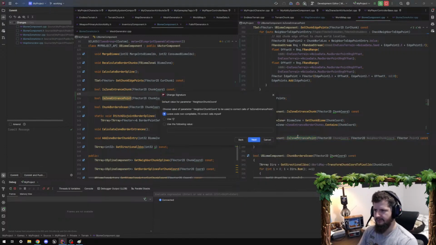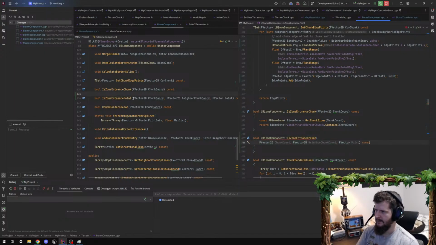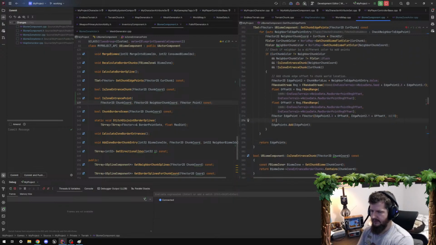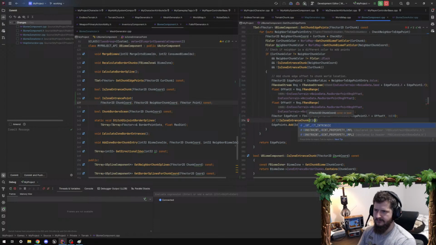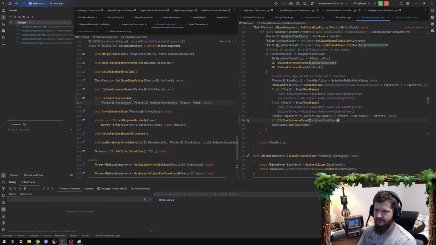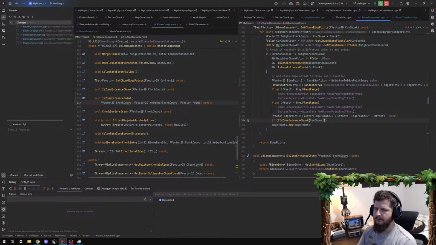I don't like this anymore. I want to inline it now, rather than it be a function. And I'll say if not is zone entrance chunk, pass in the chunk coordinate, cur chunk. Oh my god. Per chunk, and then we also add the edge point, now that we've calculated it, right?